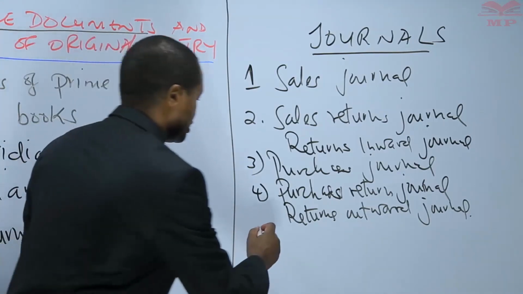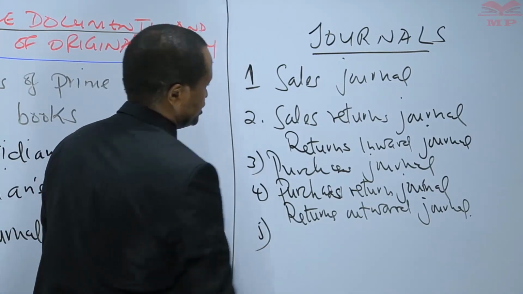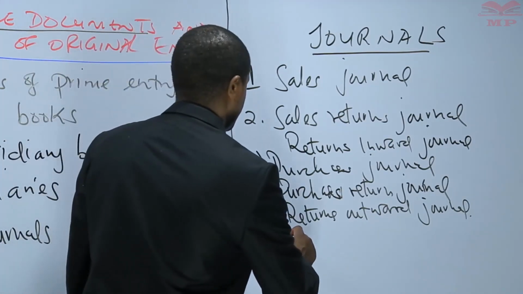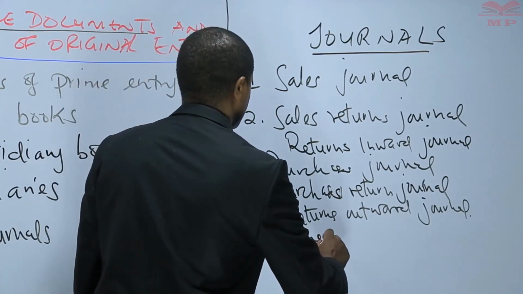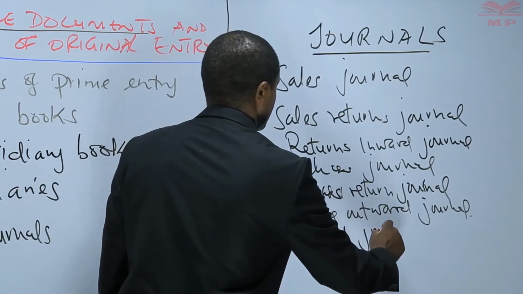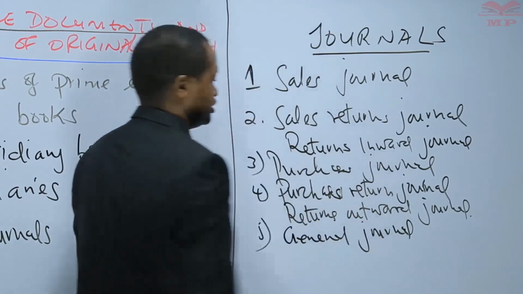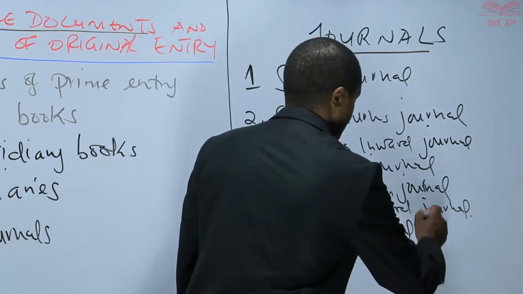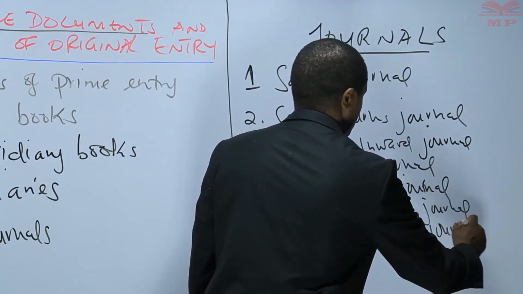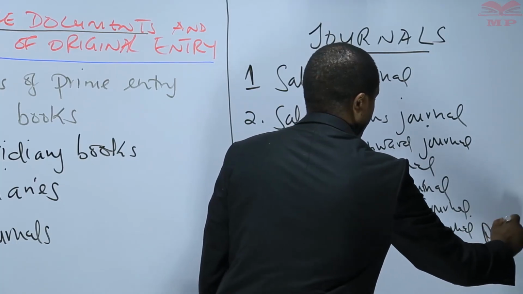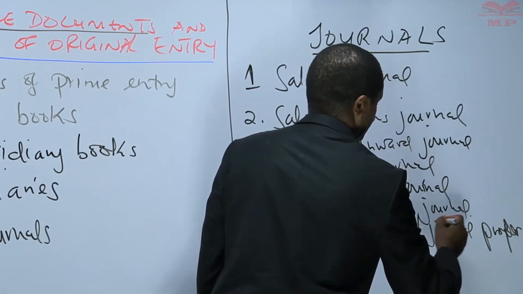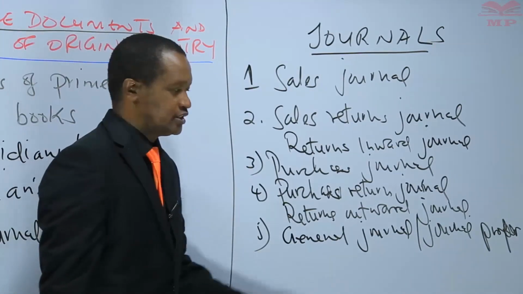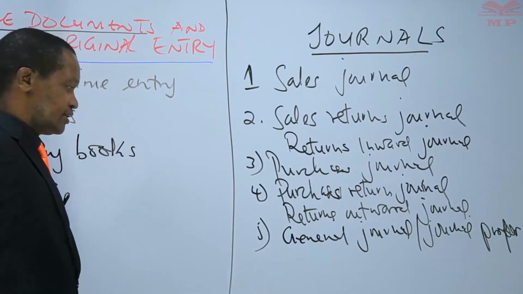Another journal, number five, is the general journal. The general journal may also be referred to as the journal proper. Another term used interchangeably with the general journal is the journal proper.